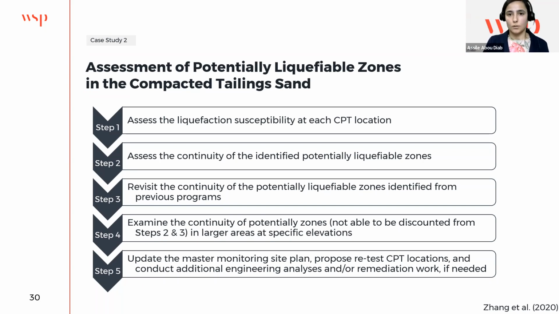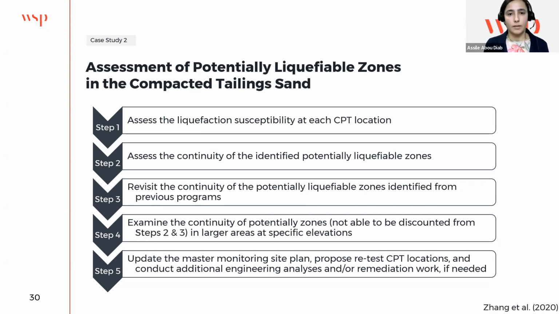Is it continuous throughout a specified area, or is it just an isolated location where we have found that it's liquefiable? The next step would be to revisit the continuity of potential liquefiable zones that were identified in the previous program, and just monitor and check: does this liquefiable zone persist in the new program, or was it dissolved?